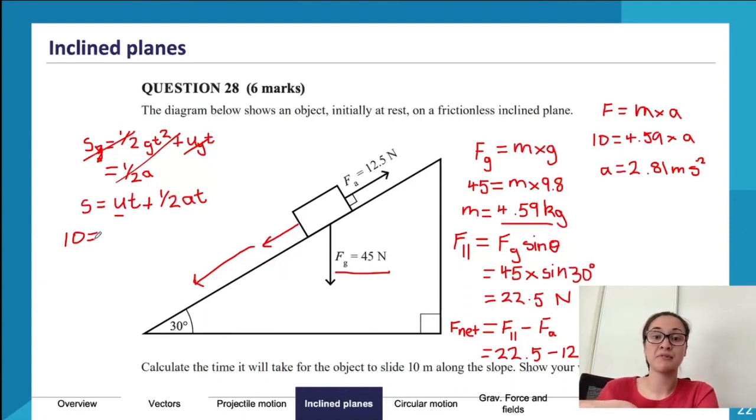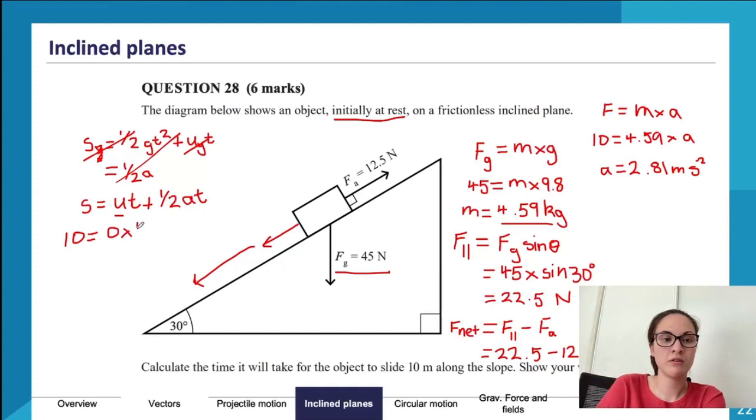It's like earlier when I couldn't find the mass, and then the mass was literally right there. We had already calculated it. Initially at rest. Oh, maybe that's the hint here. Okay, yeah, initially at rest. That means that U is going to be 0. Sorry about that. Brain had a moment.